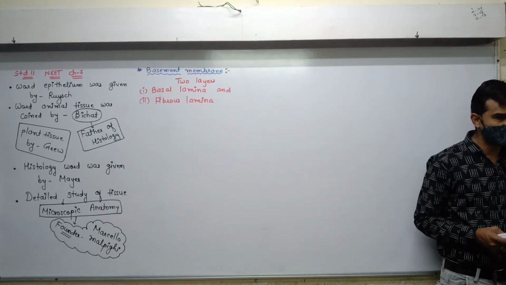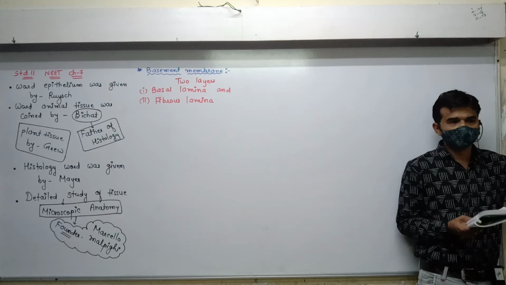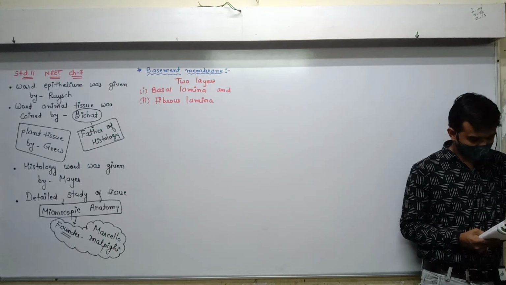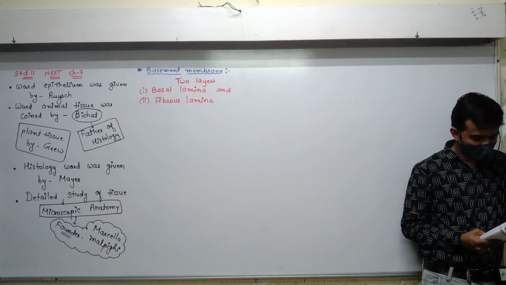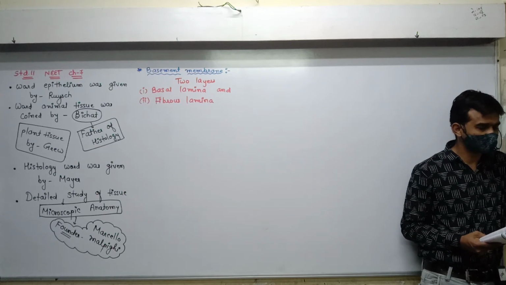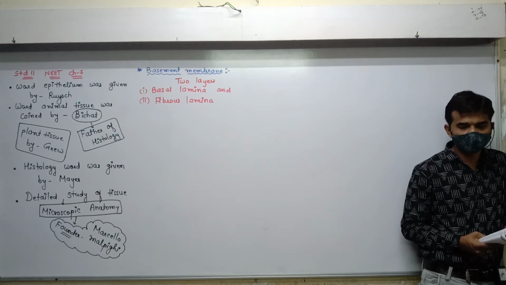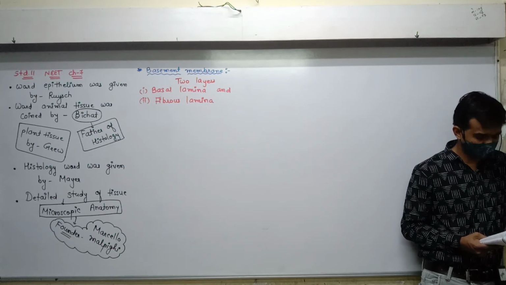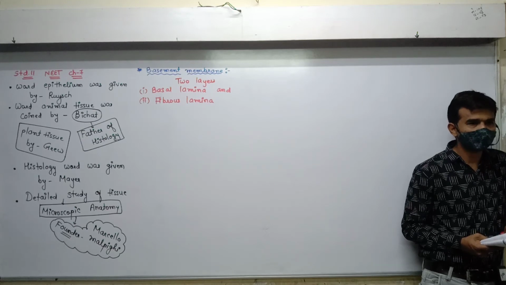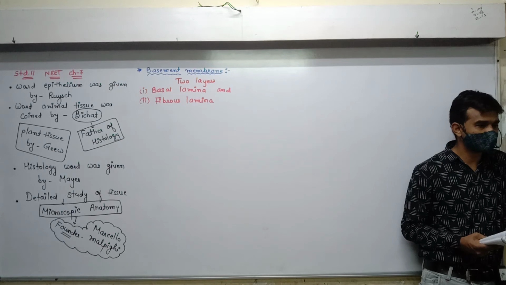Now, common point in epithelial tissue: microvilli are present in the wall of intestine, gallbladder, and PCT of nephron.